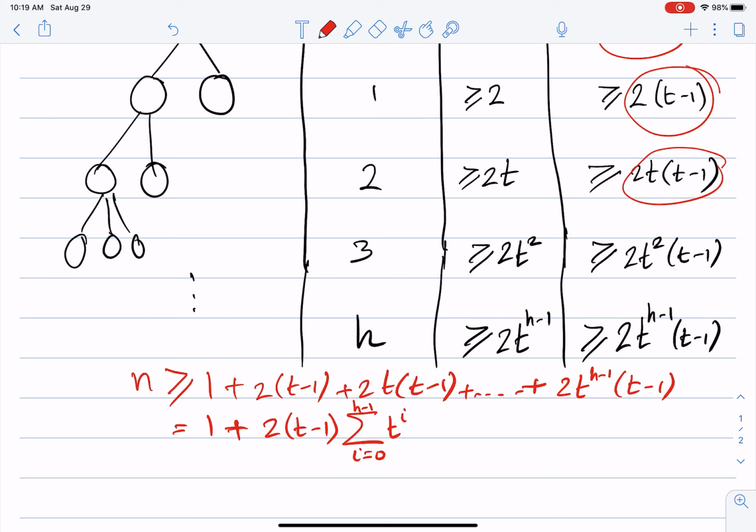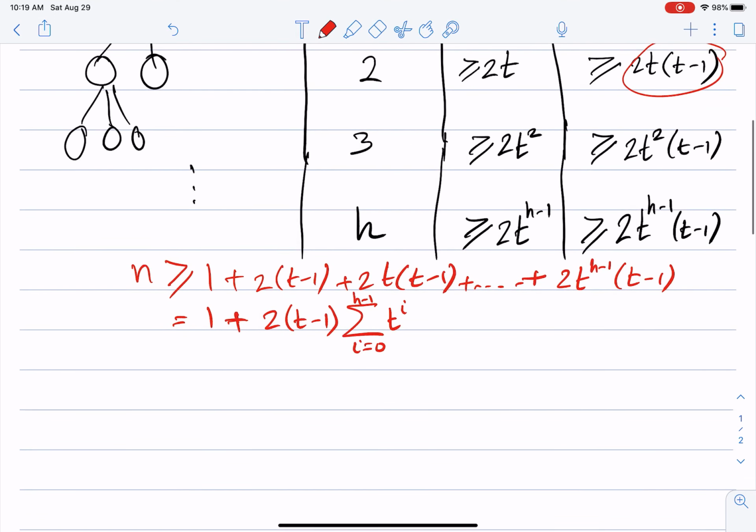And if you look at this, we have a geometric series, or the sum of numbers in a geometric series. In Comp 182, we talked about sums and series and so on.